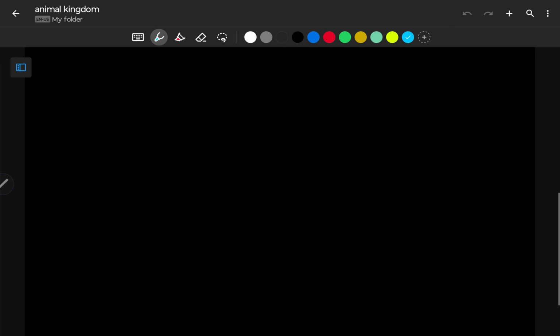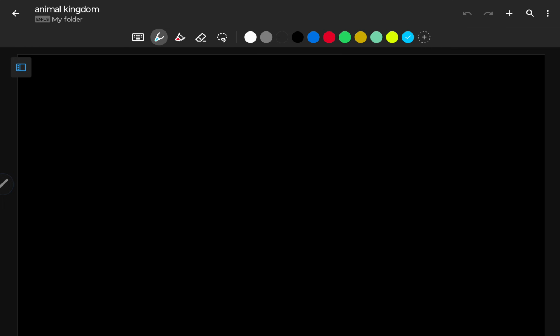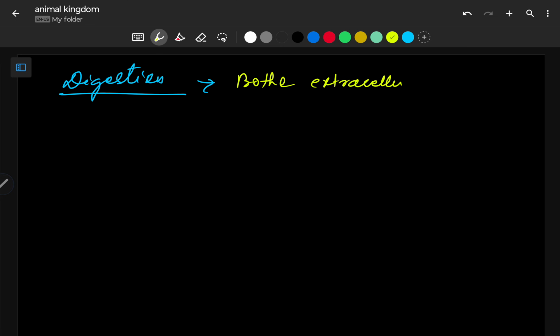Now come to the digestion. So digestion is also a unique feature, because here digestion is both extracellular, मतलब कहाँ होता है?